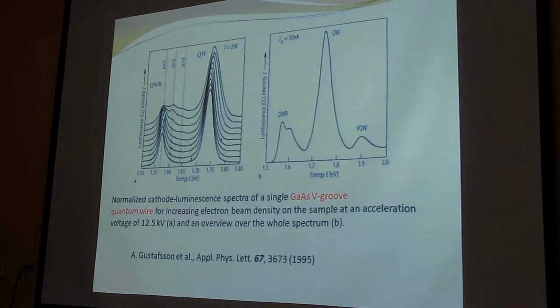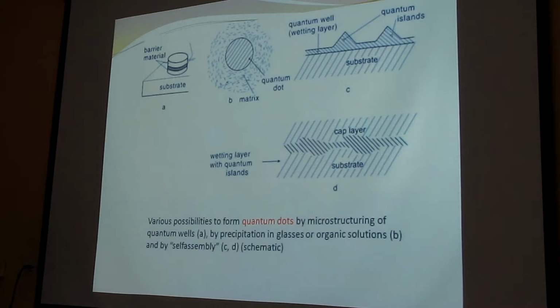And if you increase the pump power, you see that you fill the first quantized level, then you start to occupy the second quantized level in the wire, the third quantized level. So you can play around if you want with these excitons in the quantum wires.